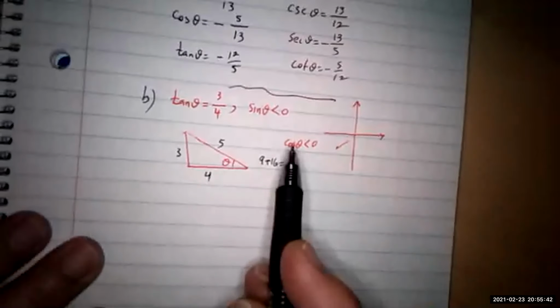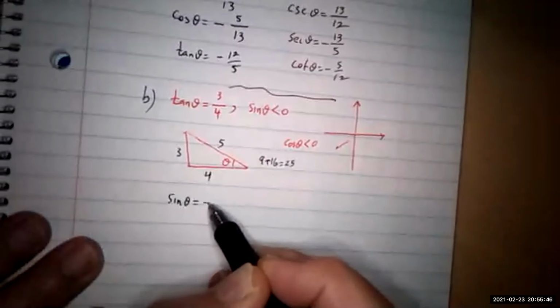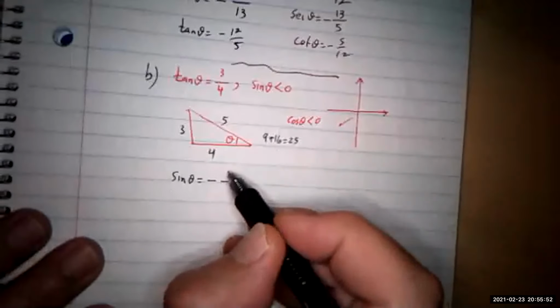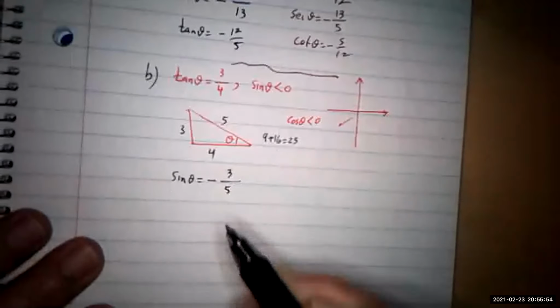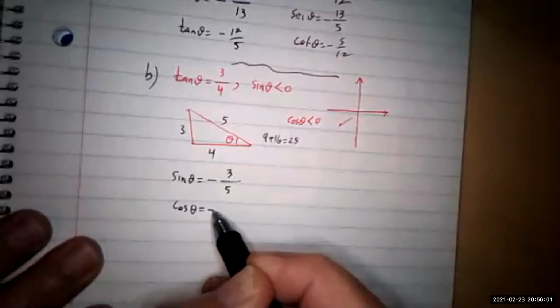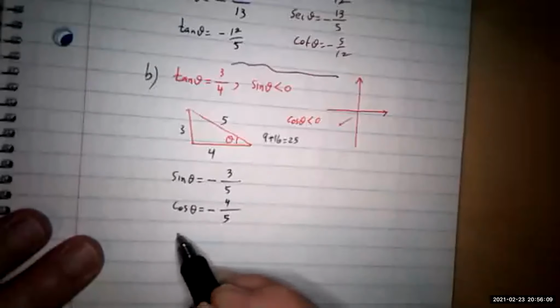Okay, now we are ready. We got to be careful. We need a sign, and we know the sine is negative, so make sure to apply the negative sign. The opposite is 3, so the sine is negative 3/5. For the cosine, we know it's negative, so negative adjacent over hypotenuse. The tan is already given.